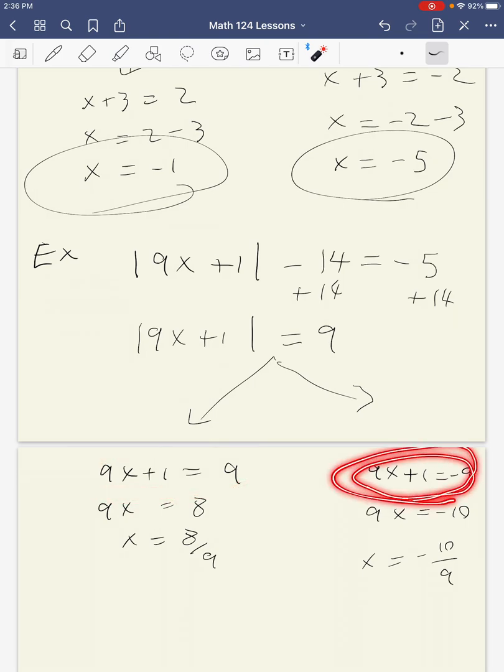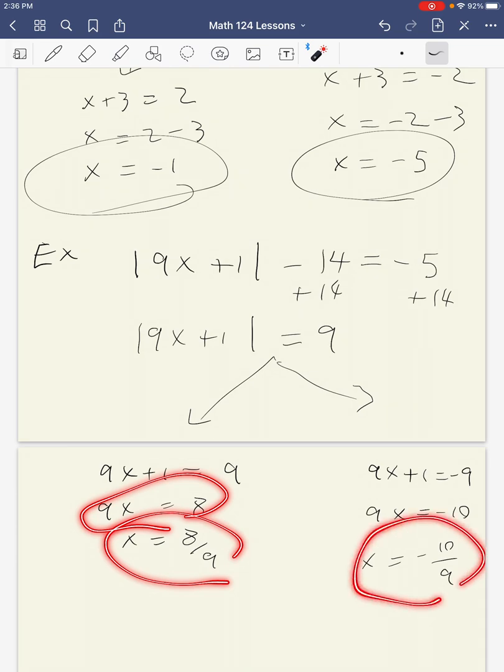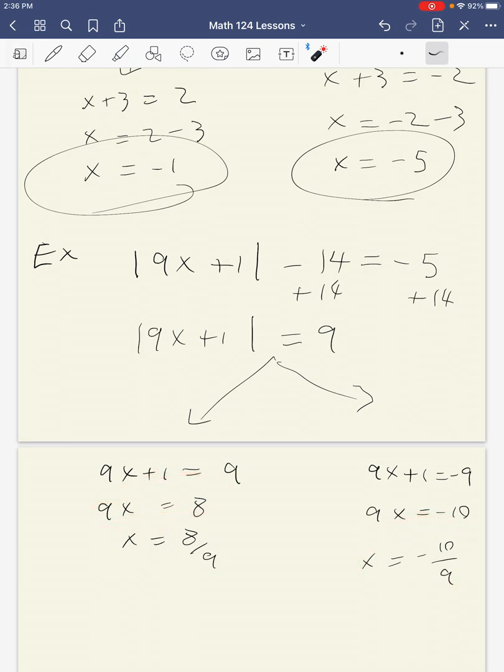In the other equation, we ignore the absolute value, but we put a minus sign on one side or the other of the equation. You can put it on the right-hand side or the left-hand side, it doesn't matter. We just solve these two equations and get the two solutions. So that is how we deal with absolute value equations.